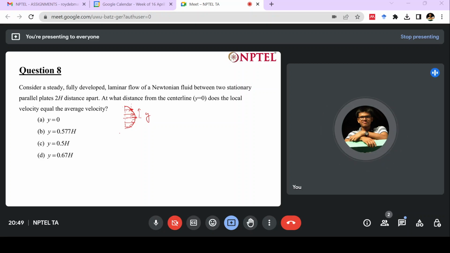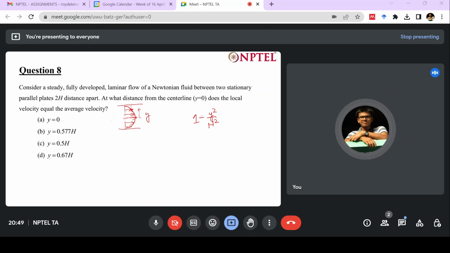So first we need to know the velocity profile. It is given that y is equal to 0 is at the center line. And what is the velocity at the center line? At the center line, the velocity is maximum. So I can assume this profile 1 minus y square by h square. At h, the velocity is 0, so that's why I have divided by h square. At minus h, my velocity is 0.